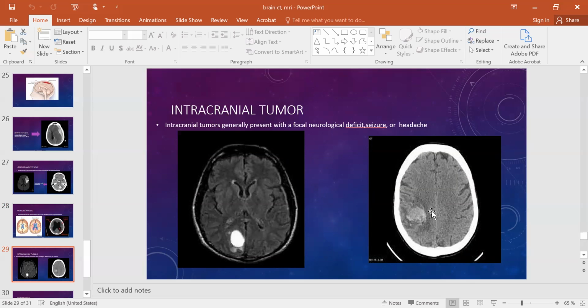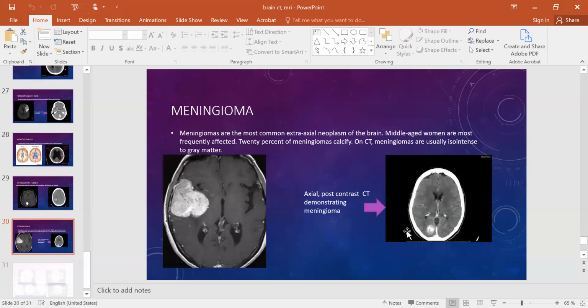So around these hyperdense areas, you see a bit of hypodense rim around this tumor. So we call this perifocal infiltration because of this tumor. Here, sometimes we see such a perifocal infiltration process.